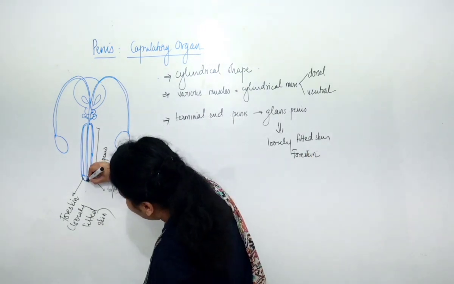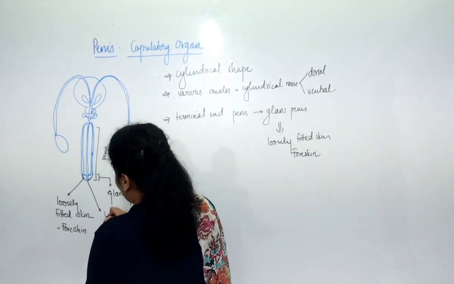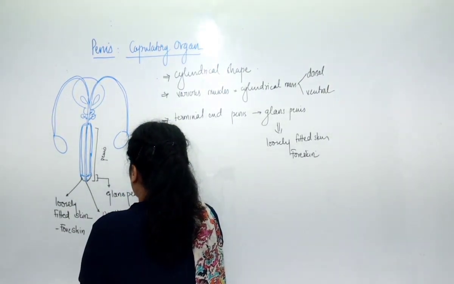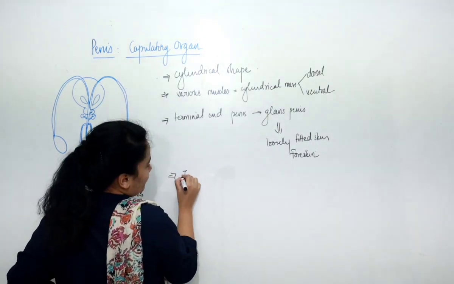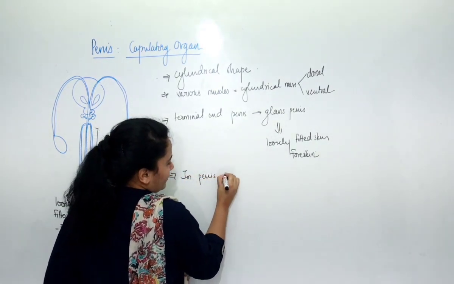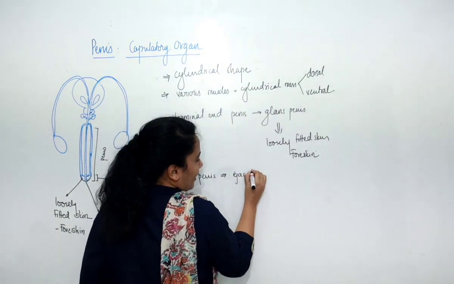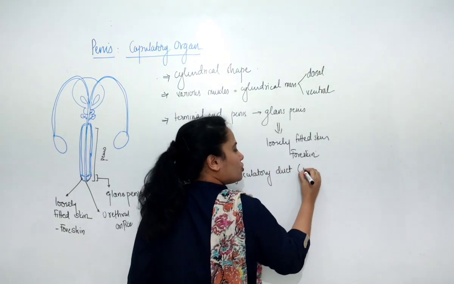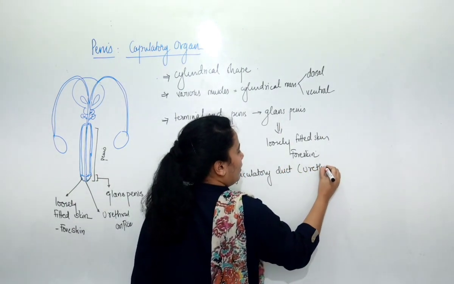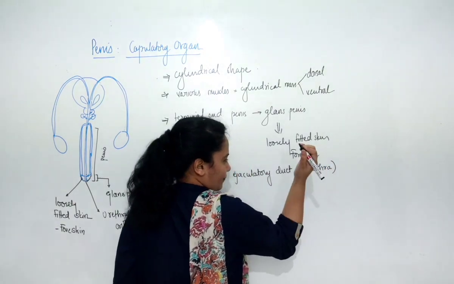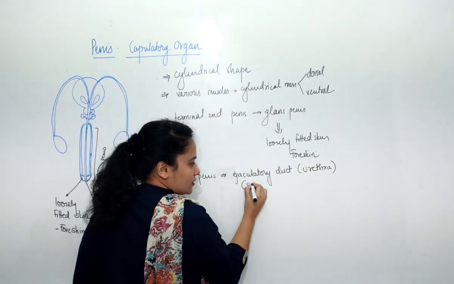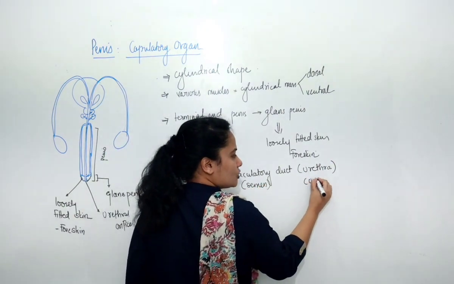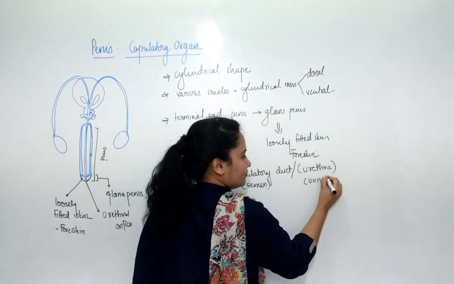Now you can see over here an opening called the urethral orifice. So in the penis there is the ejaculatory duct, which is also called the urethra. Ejaculatory duct because it transports the semen, and urethra because it transports the urine.